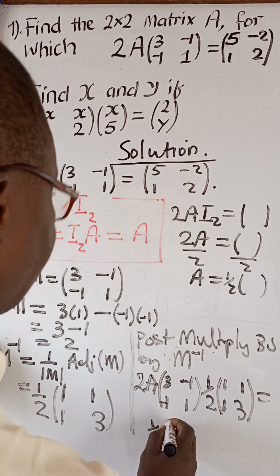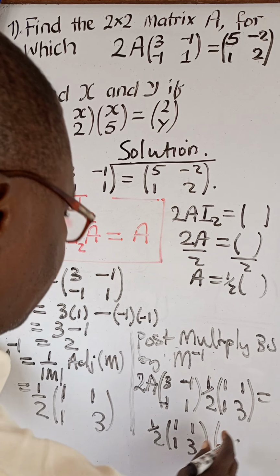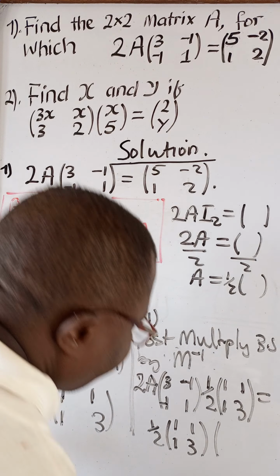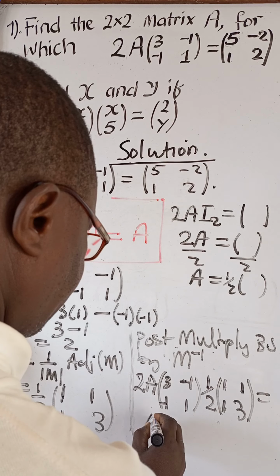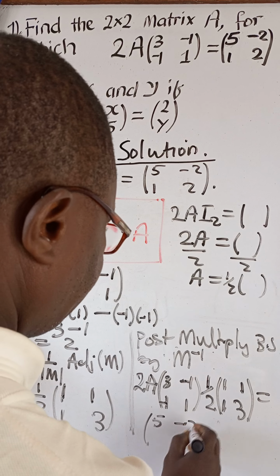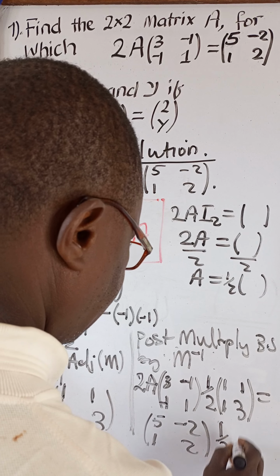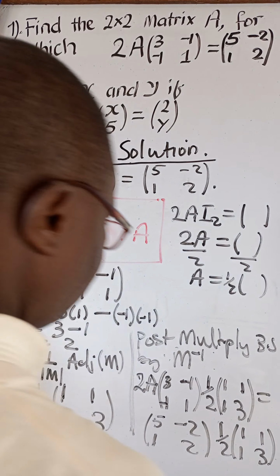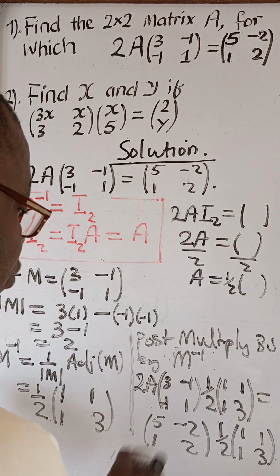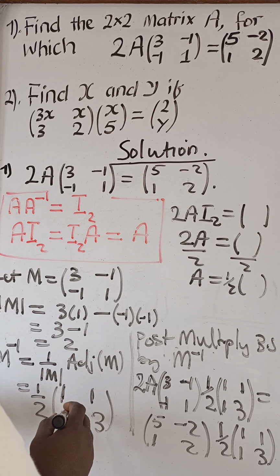Post-multiply means this one comes first: [5, -2; 1, 2], and then this inverse [1, 1; 1, 3]. So we have post-multiplied both sides by this inverse.